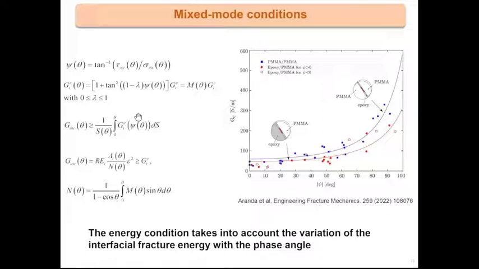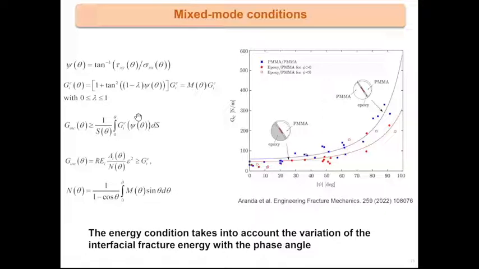And then you modify the energy condition. Here you have the incremental energy release rate, but now to estimate the fracture energy, you have to integrate this interfacial energy, which now depends on the mixed mode. So it's just an additional term you have to introduce, and the energy condition is written like this.